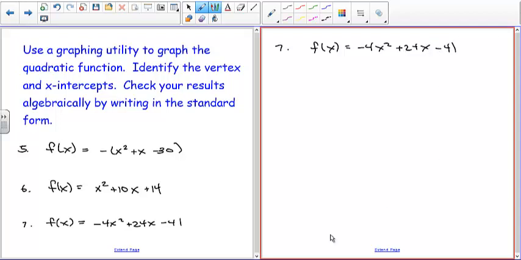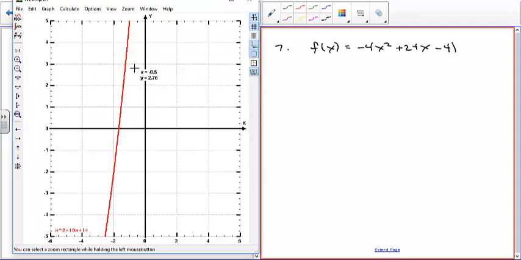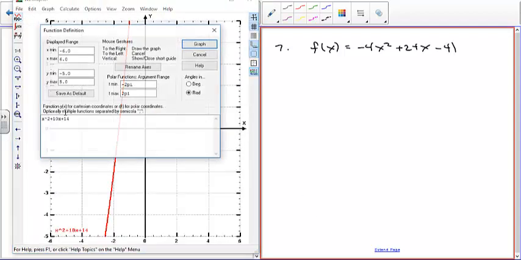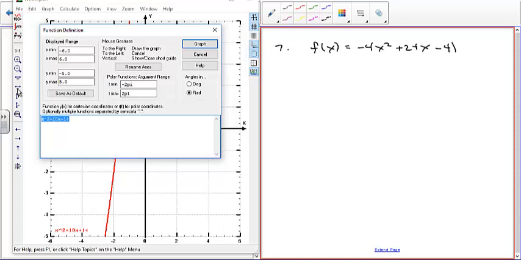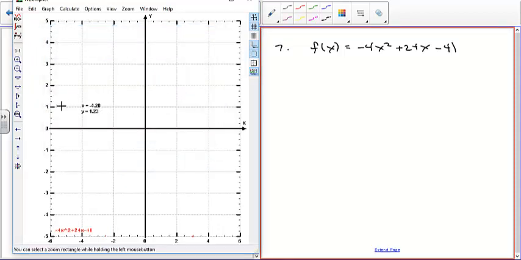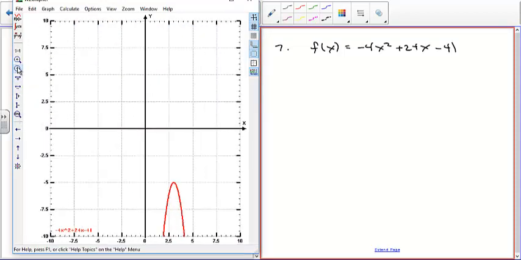I guess we're supposed to graph this first. Graph this thing out. We're going to have to zoom out to see where it goes.